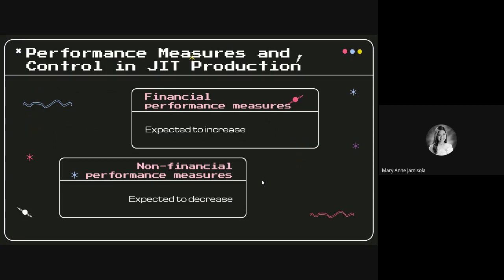We have the ratio of the setup time with the total manufacturing time, the ratio of the number of units requiring rework over the total number of units started and completed. So most of these non-financial performance measures are expected to decrease, except for the number of units produced per hour, which is expected to increase.